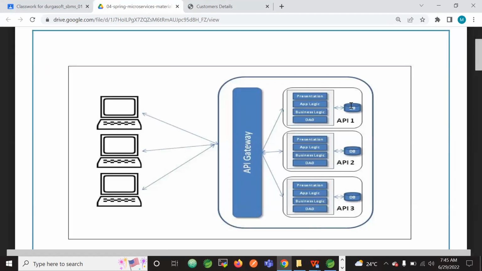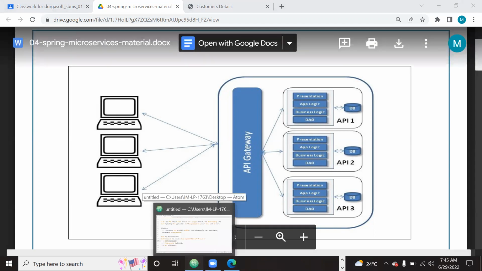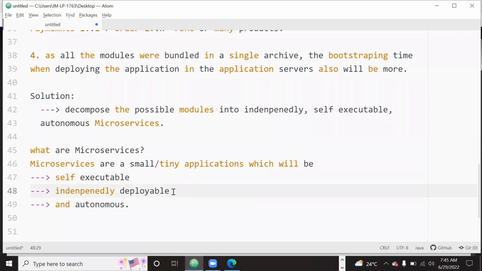Categories have their own Tomcat. So as they have their own Tomcat server, these applications will be deployed in their own Tomcat servers. That is called independently deployable and self-executable. Why self-executable?